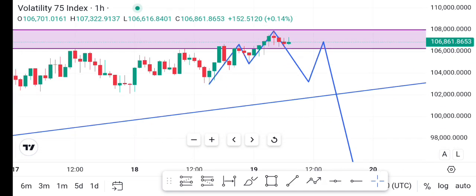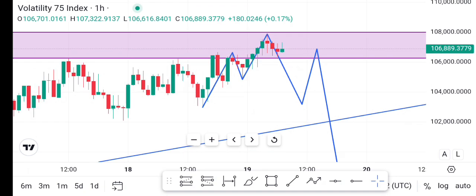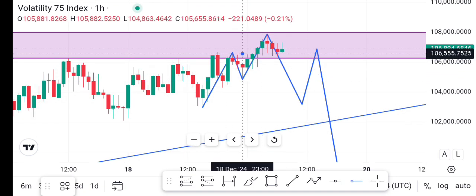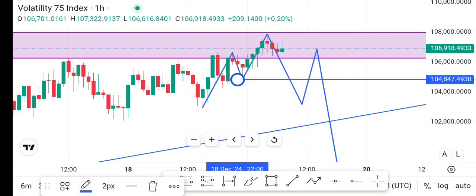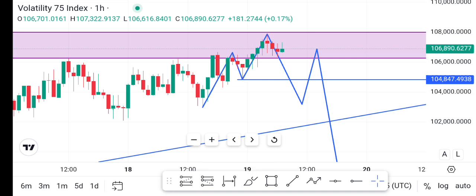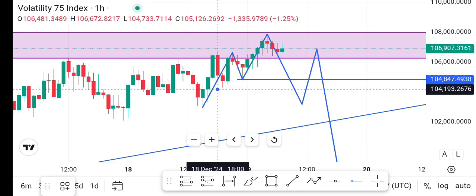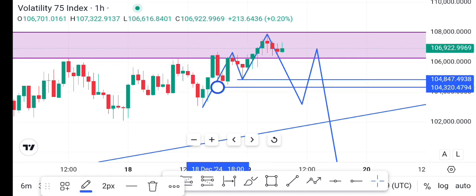The key level we have to wait to be taken out is this area here: 104,847, or we have to wait for this 104,320.